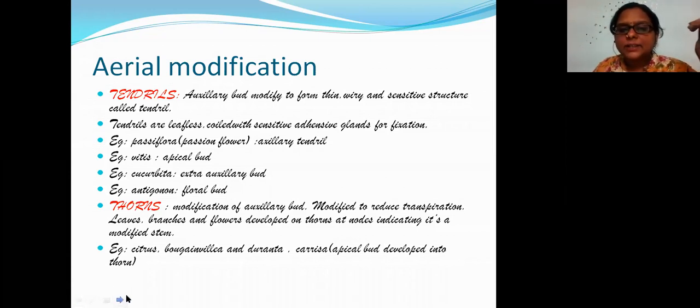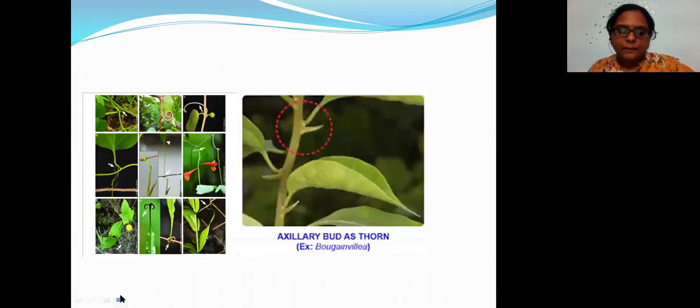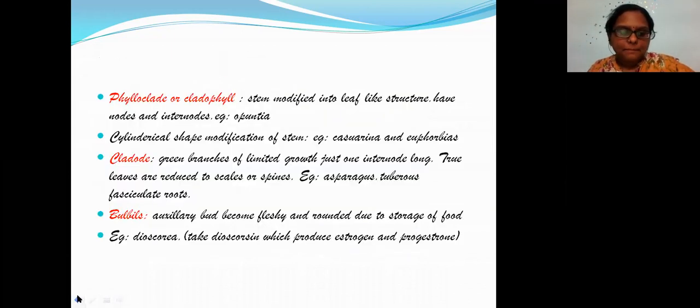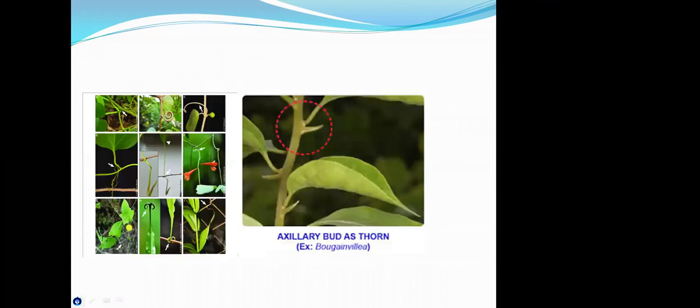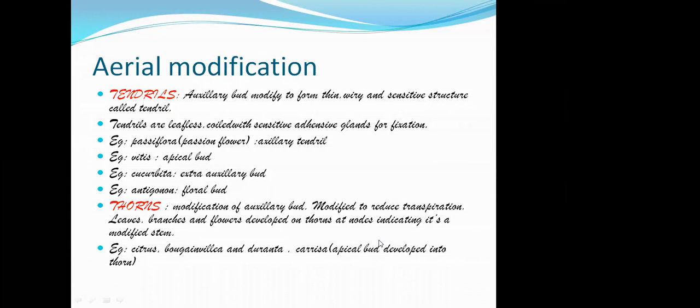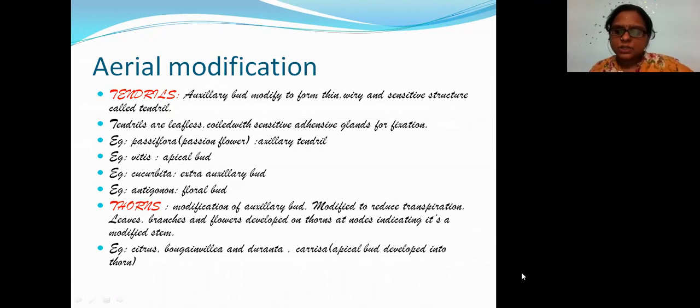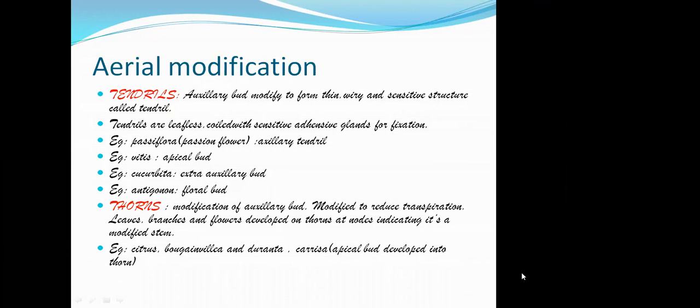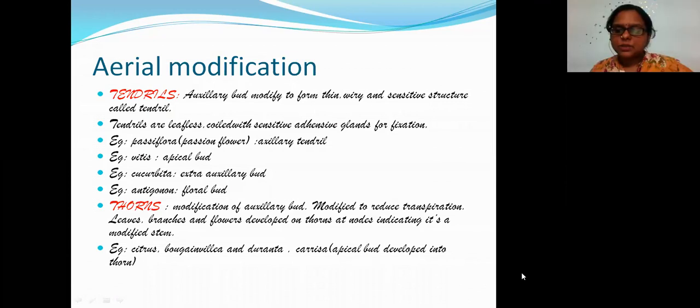So this slide is clear for aerial modification. Yes, ma'am. Yeah, Hepsi. Others, give me a reaction. Priya, Subhashri, Nivi, Anjali. Thank you, Anjali.